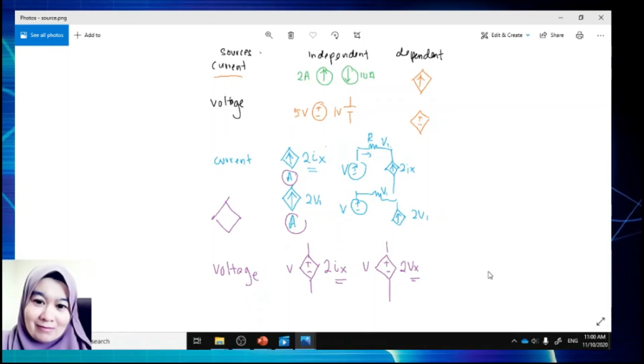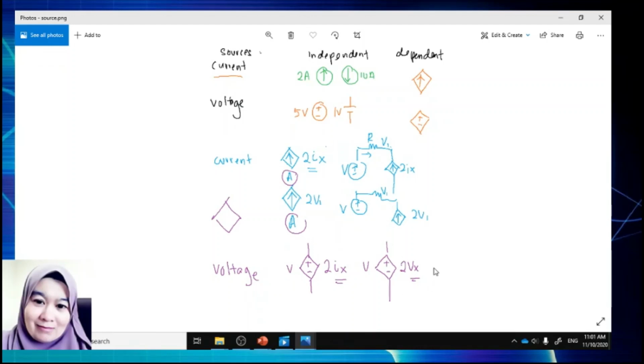Next is the voltage dependent source. This is the symbol of voltage, and this one is current. So this one is voltage dependent on current. The unit here is volt.